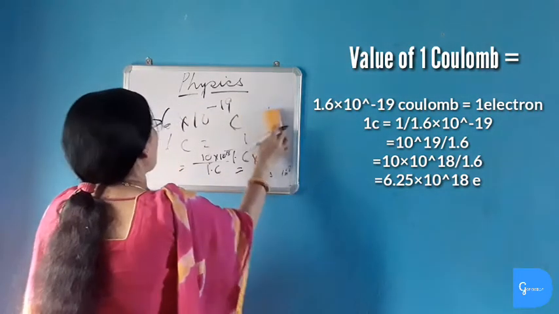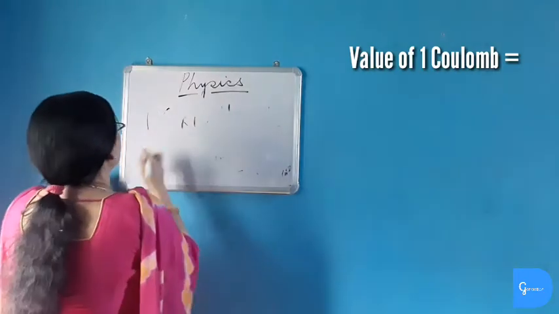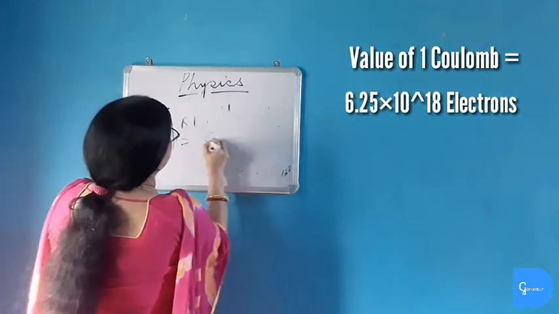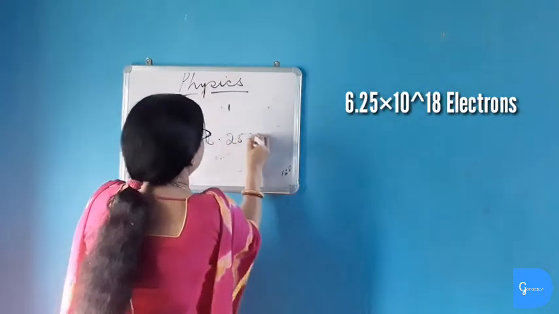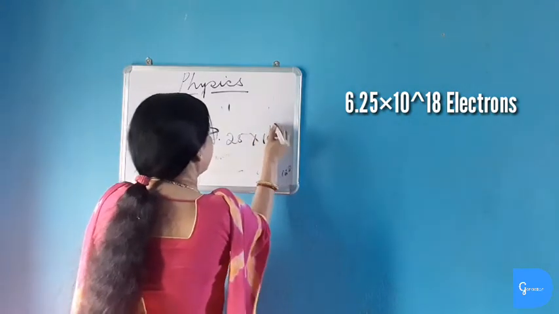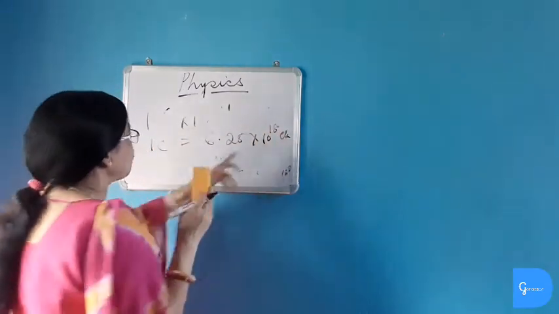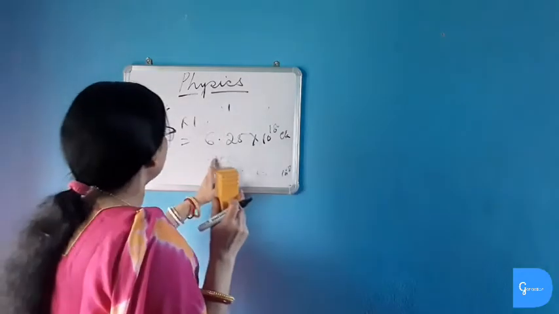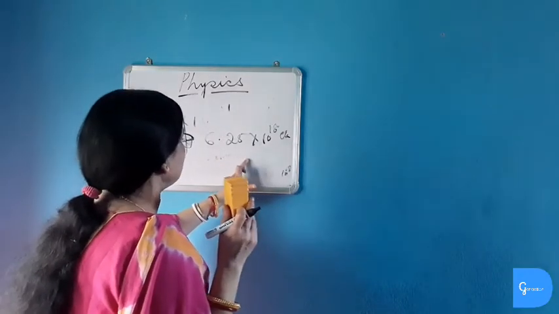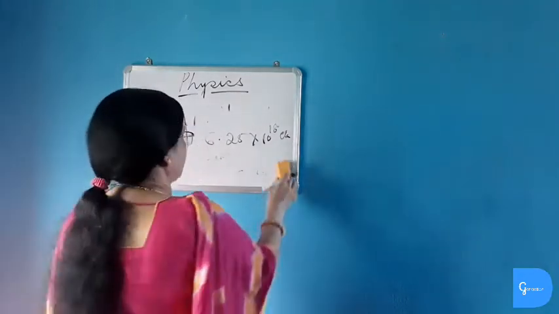Thus, the value of 1 coulomb is 6.25 into 10 to the power 18 electrons, and the charge of 1 electron is 1.6 into 10 to the power minus 19 coulomb.